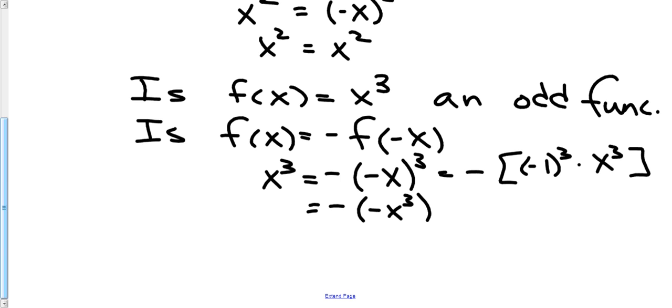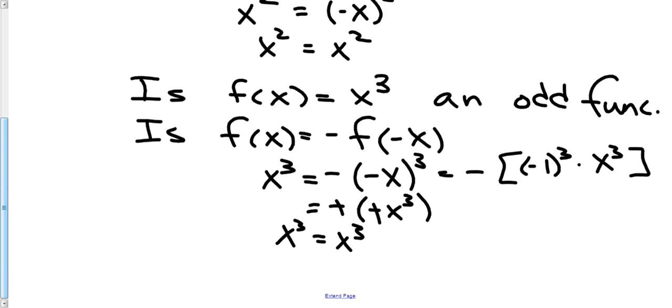Negative 1 times negative 1 is 1, times negative 1 is negative 1. That's where that comes in. And then the x cubed is x cubed. So I can't forget that guy, right? So that guy gets brought down, and then, to quote Ms. Driscoll, boom, boom, boom, boom. And that equals x cubed. And does x cubed equal x cubed?